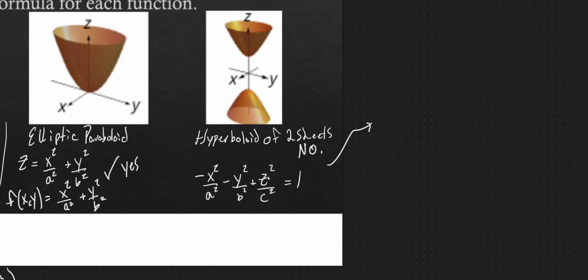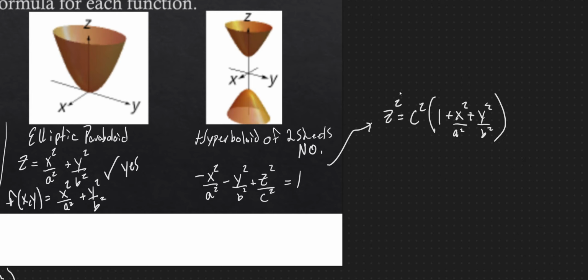I'm going to try and isolate my z variable. So I'll jump a few steps here and say z squared is equal to, what do I get over here? I'll have c squared times, it's a little different than the ellipsoid, right? Because these are negatives over here, so this will be 1 plus x squared over a squared plus y squared over b squared.